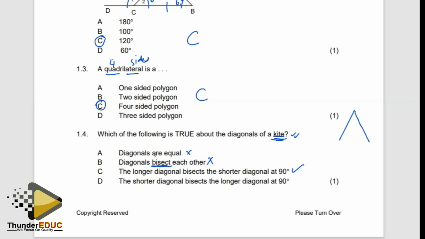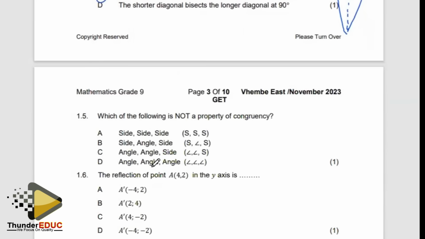If this is our kite, then we have something like that. To bisect is basically to divide into 2 equal parts. So there's no way that we can say that this is equal to that. But we can simply say this and that can be equal. So the longer diagonal bisects the shorter diagonal. Option C is the best option there.